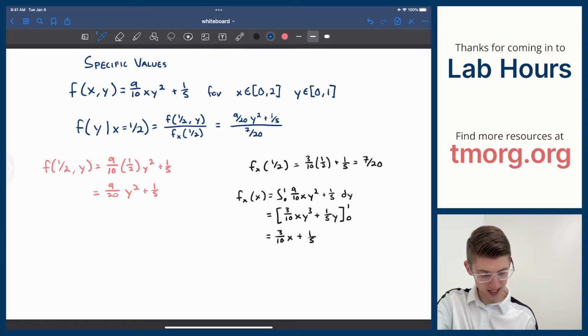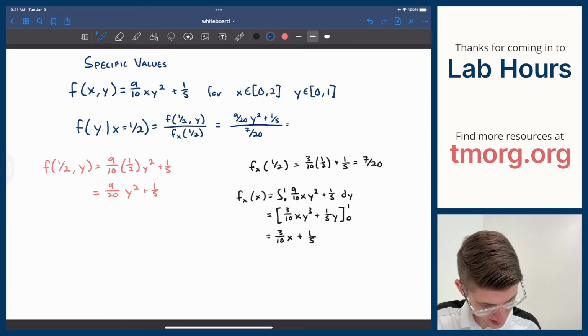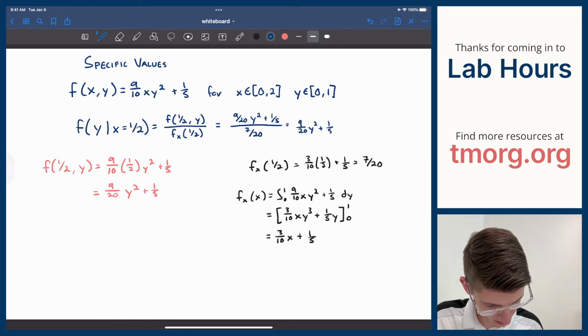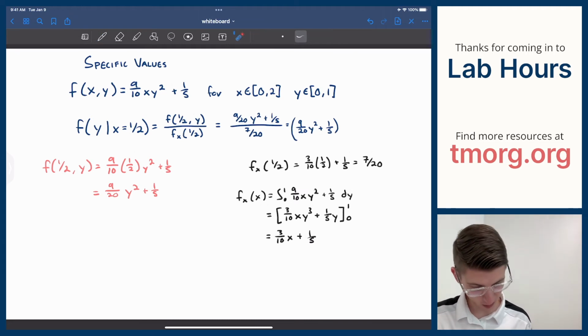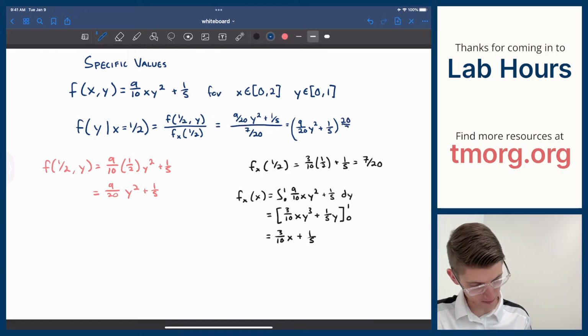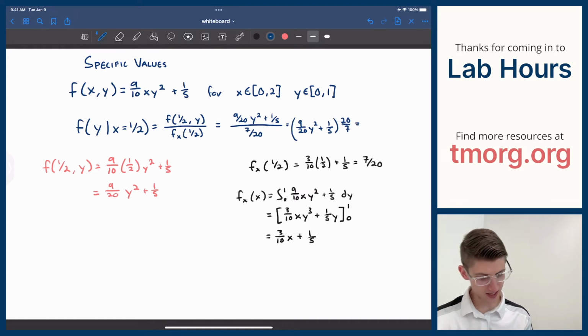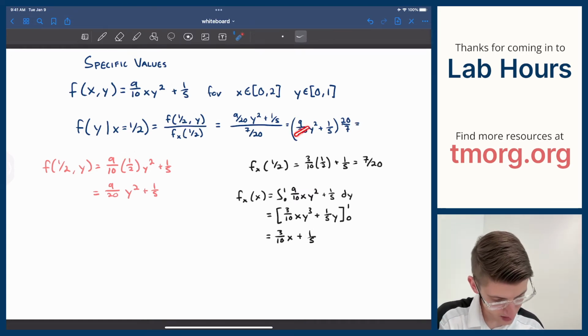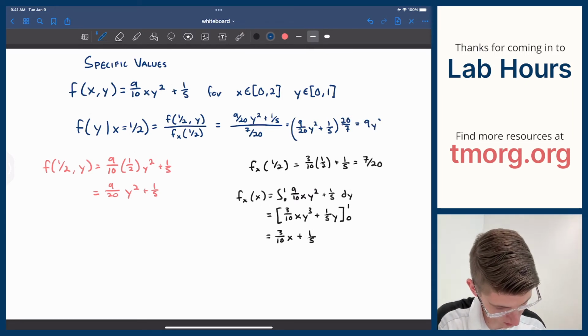And then there's a way we can simplify this. So if I take 9/20 y squared plus 1/5, and I multiply it by the reciprocal of the denominator, that's going to be equivalent, so that's 20/7. That is going to give me, well, let's see, this 20 is going to cancel, right? So that's just 9y squared.